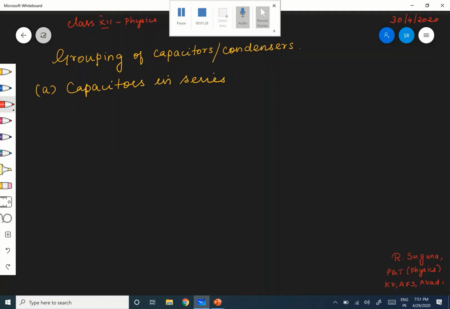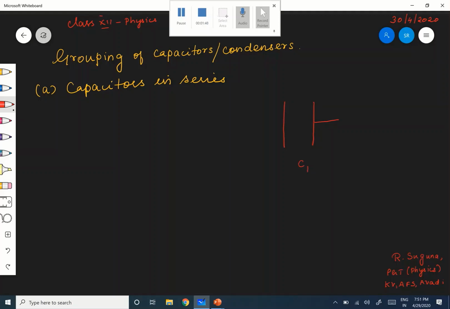Parallel plate capacitor or whatever; in the syllabus we have only parallel plate capacitors. So we have three capacitors C1, C2, C3, and now I am going to connect them in series.